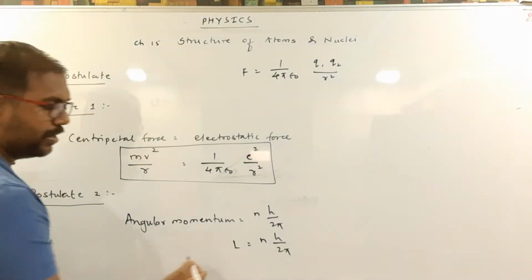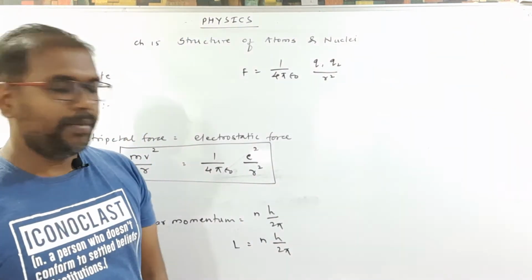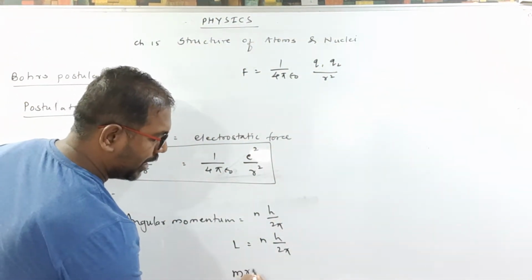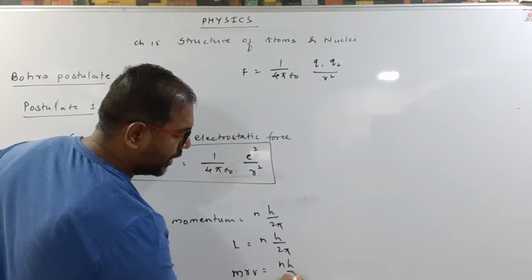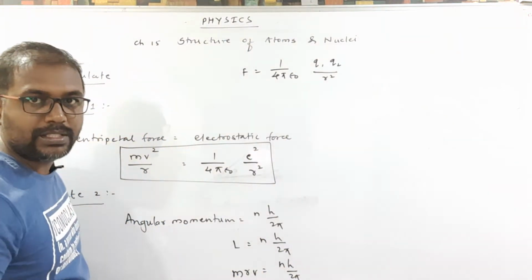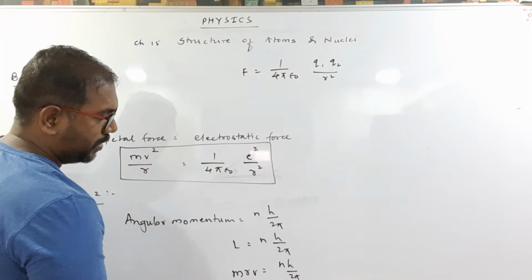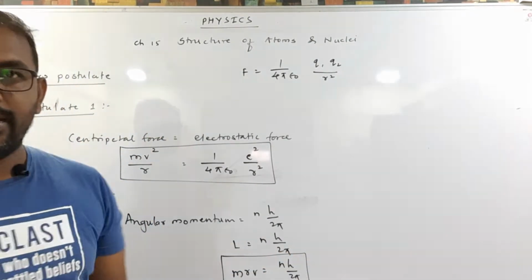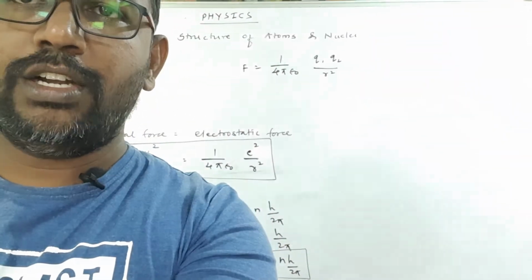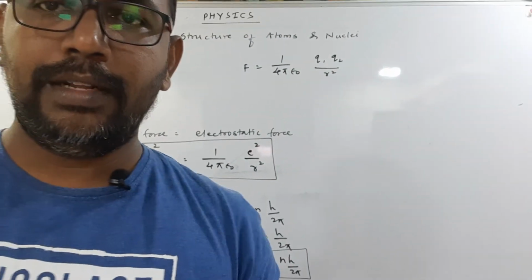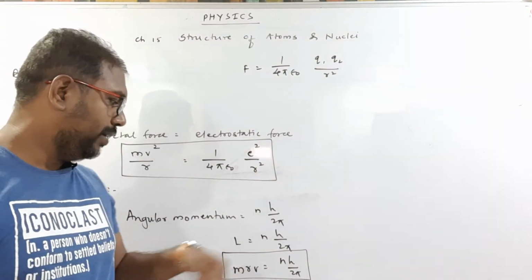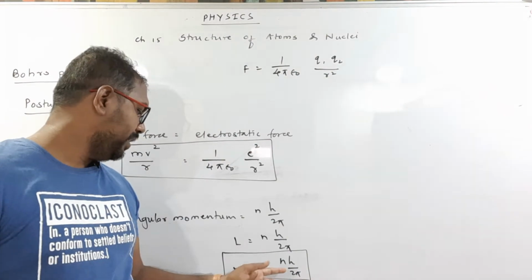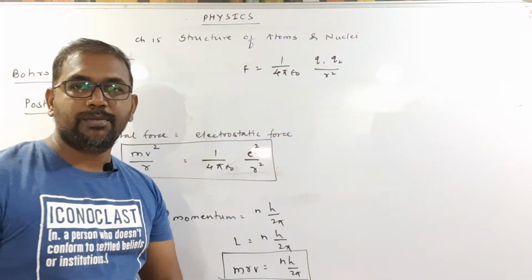This is the formula for the second postulate. Here, instead of angular momentum, I wrote m r v. So by the second postulate, angular momentum is an integral multiple of h upon 2 pi.